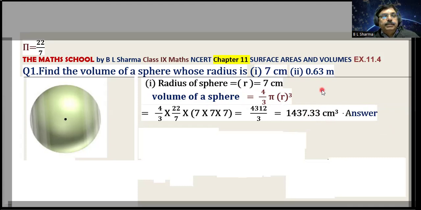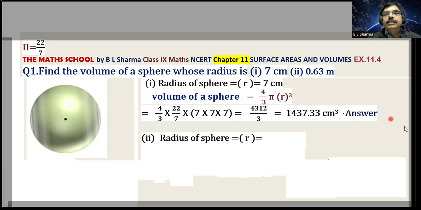That's all for the first part, but for the second part, the radius is given 0.63 meter. So in second part, radius of a sphere is given 0.63 meter. Again, the same formula. Volume of a sphere is given by 4 upon 3 into pi into radius power 3.